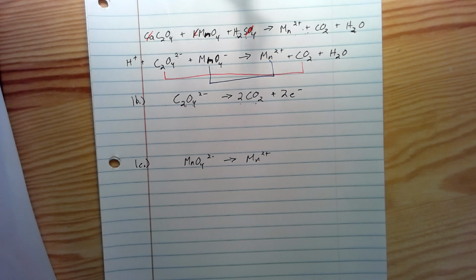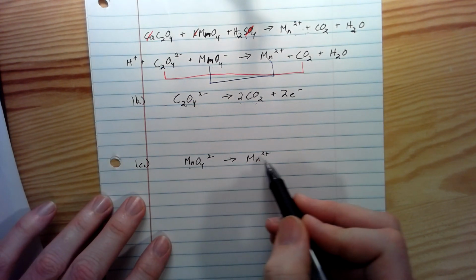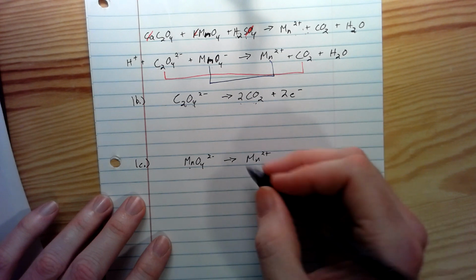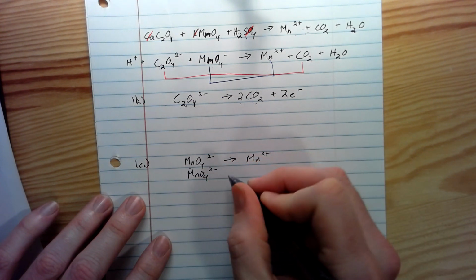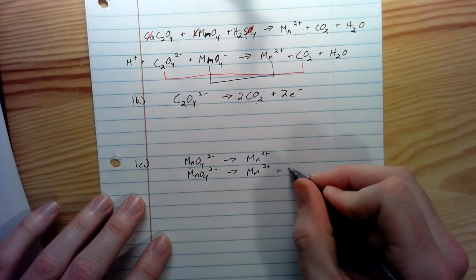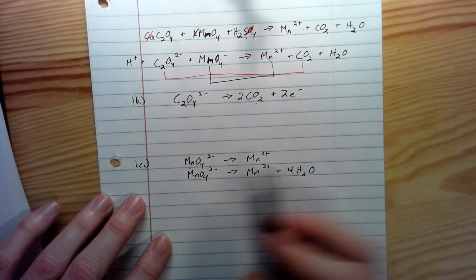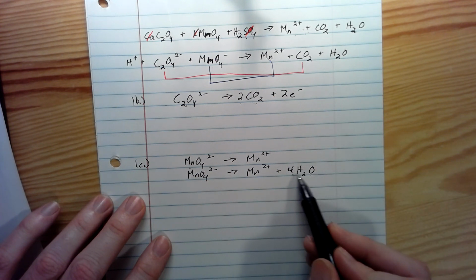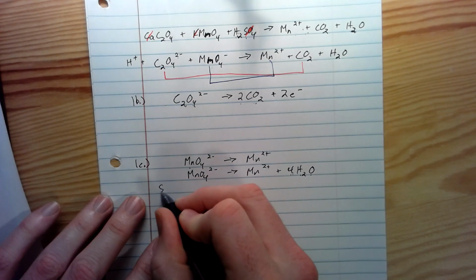All right, so for MnO4 2 minus, we're going to have to actually add some things. I'm going to rewrite it, and add 4 waters on the right side so I can balance out my oxygens. Now I need to balance my hydrogens. I have 8 hydrogens on the right, so I'm going to add 8 hydrogens on the left.